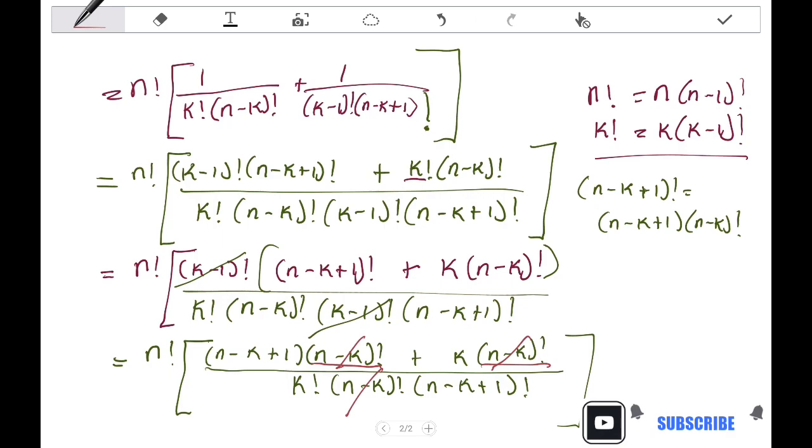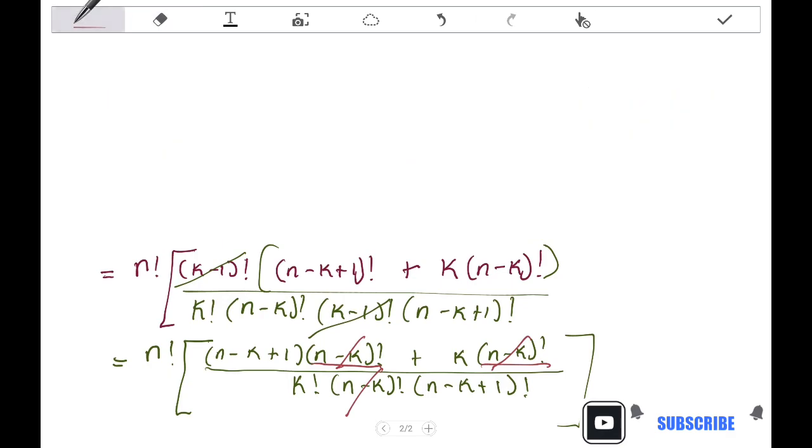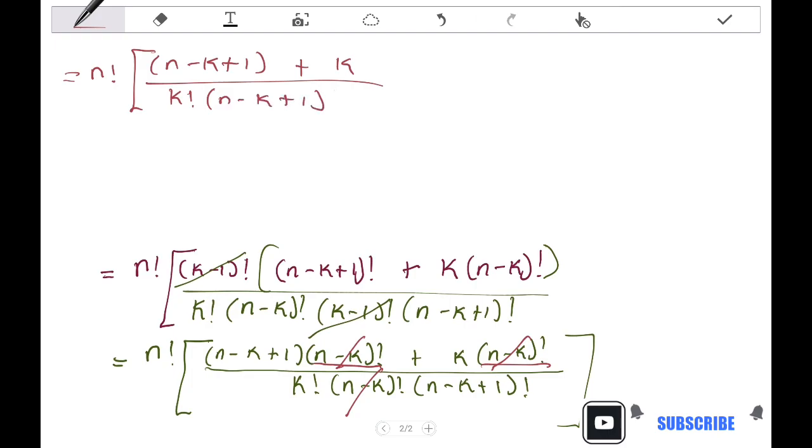So the next step is going to be, now we have n factorial, open bracket, and what's left inside the bracket is n minus k plus 1 and then plus k, all divided by k factorial and then multiplied by n minus k plus 1 factorial.